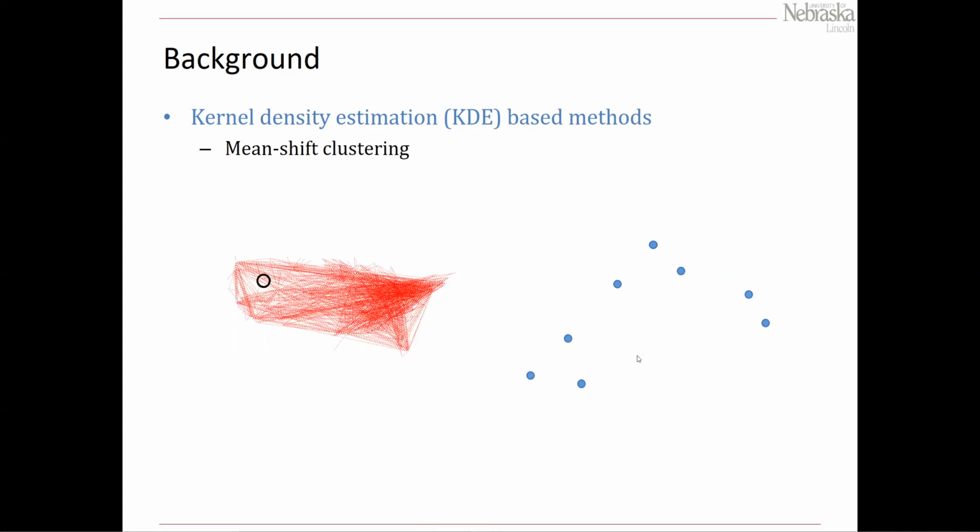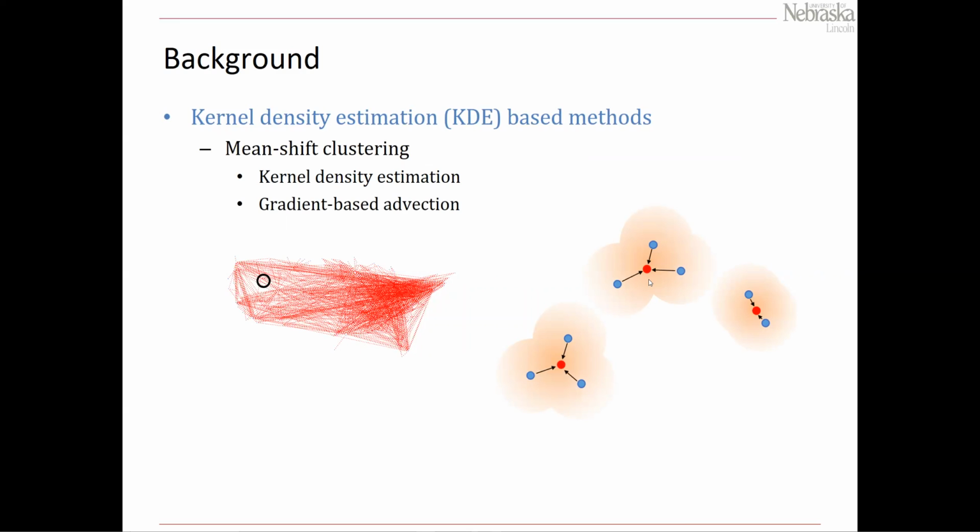One example is using k-means clustering, then using kernel density estimation to estimate the central point of the local cluster. Then they use a gradient-based advection to move the sample points to the new location. In this case, you can imagine all these sample points around the different edges will be merged into a few locations.